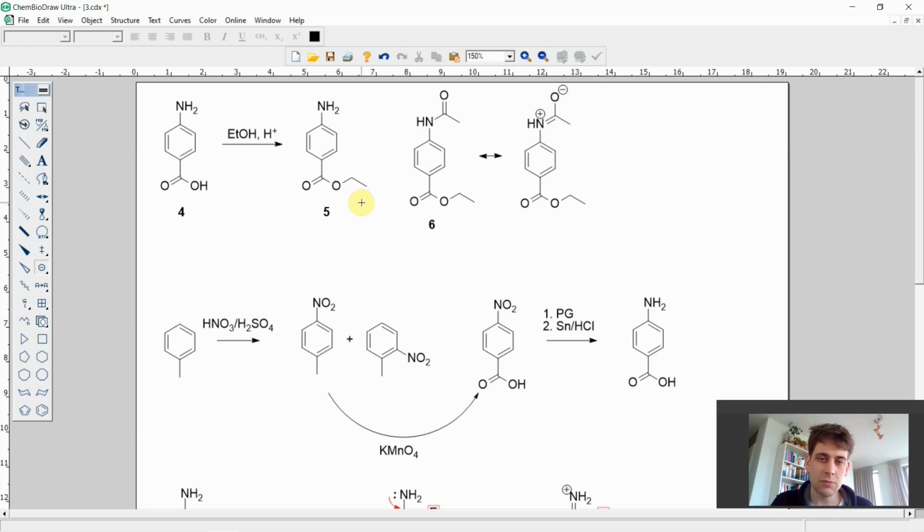Another reason that I would like to point out is now the steric hindrance induced by this acetyl group here. The acetyl group is somewhat bulky, so it's definitely more bulky than just a proton attached to the nitrogen. And as we've discussed just before in the second question, the electrophilic attack would like to happen here in the ortho position. And this position here is now also sterically shielded somehow to some degree with the acetyl group.